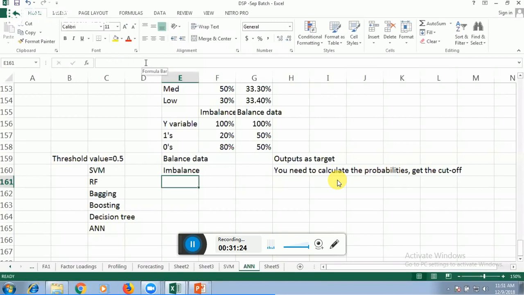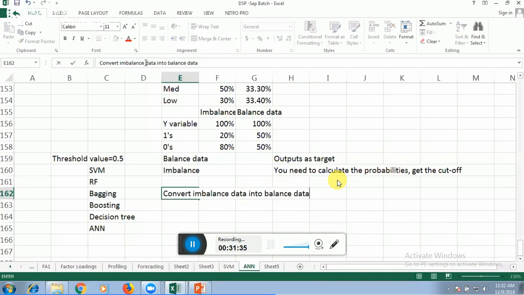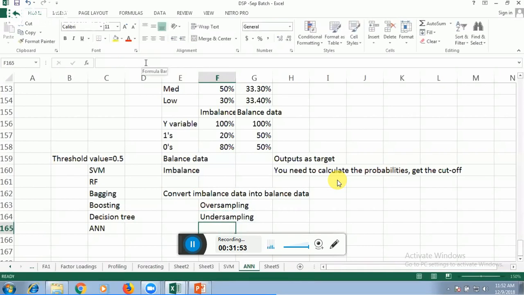But otherwise, what you can also do is convert imbalanced data into balanced data. How will you convert? This is where we have a concept called oversampling and undersampling, or there is a mixed kind of thing.